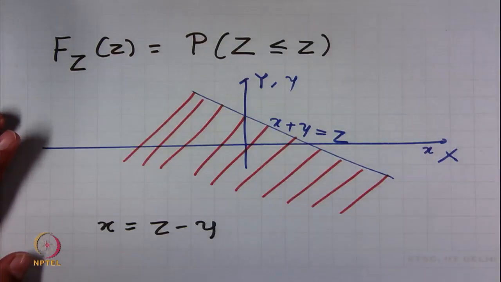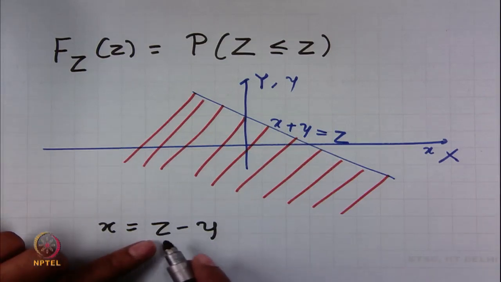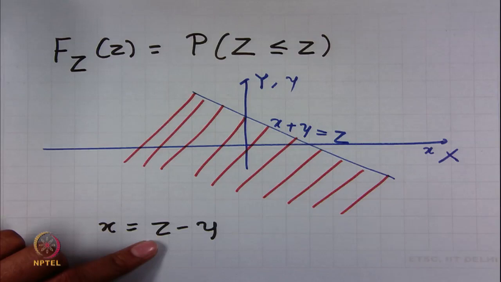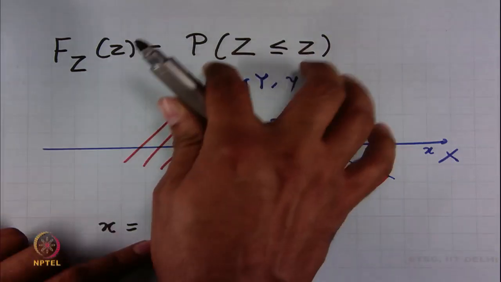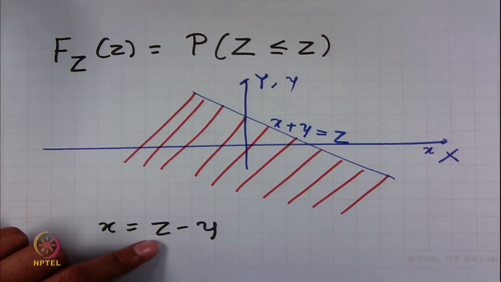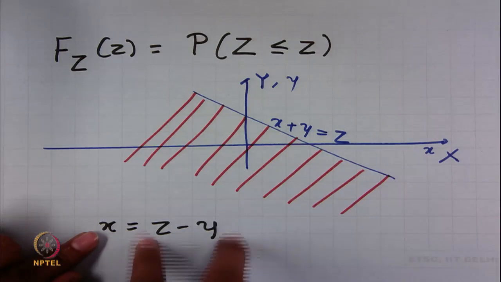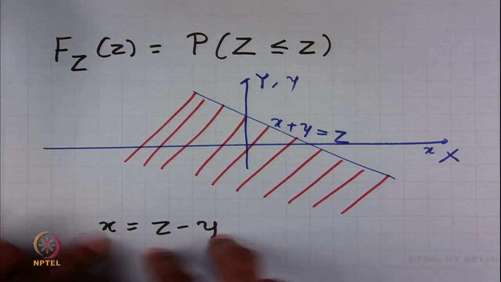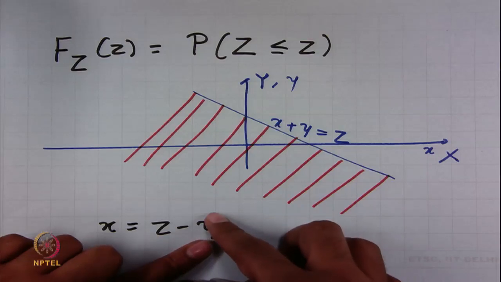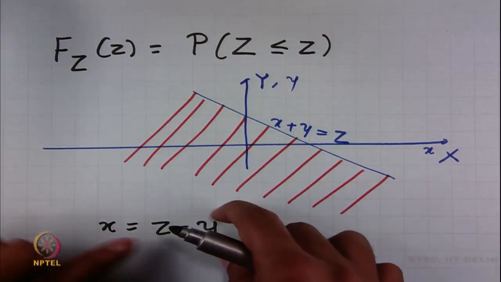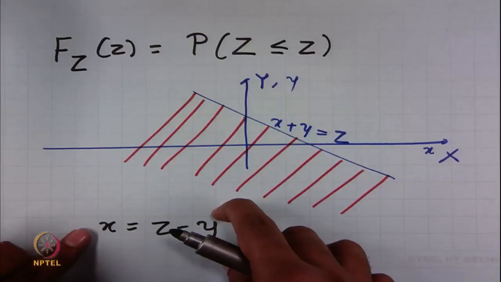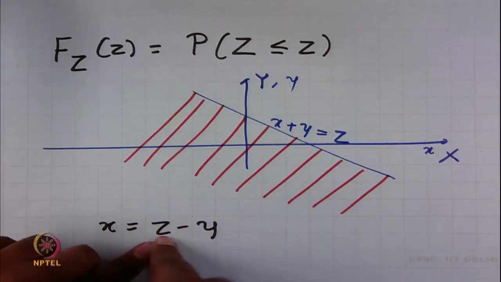If I want to find the probability with which z takes a value less than z, instead of thinking about this probability directly, can I think about the probabilities with which x takes a value less than this, and that is the idea. So, I can freely choose my y, and for a given y I put the restriction that x should take a value less than z minus y, where y is the value that I chose.